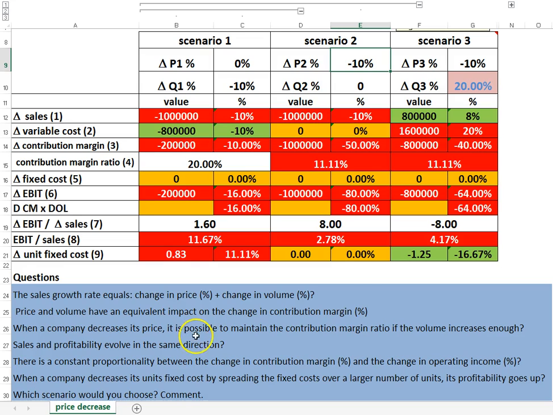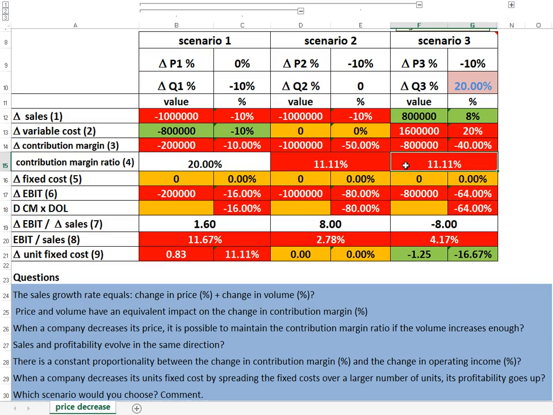But if you observe scenario 2 and scenario 3, they have the same change in price by minus 10%, but they have a different change in volume. However, the ending contribution margin ratio in both cases is 11.11%, which means the volume doesn't impact the ending contribution margin ratio.